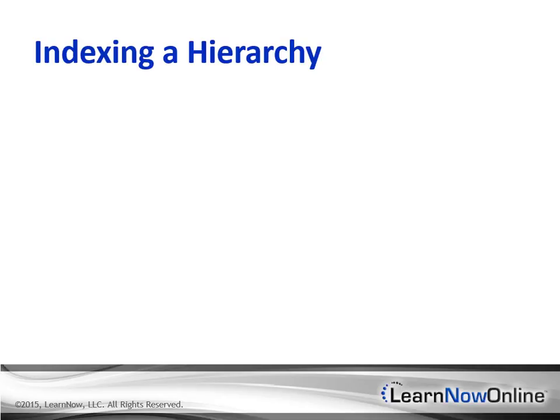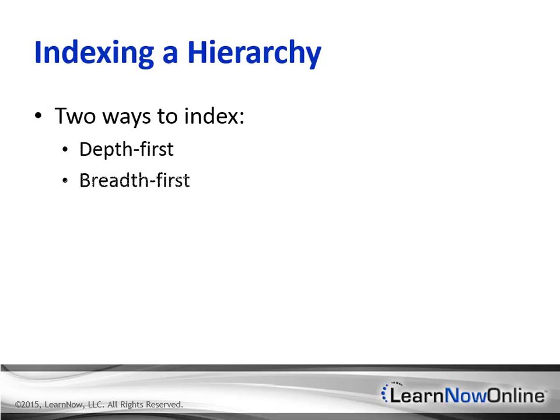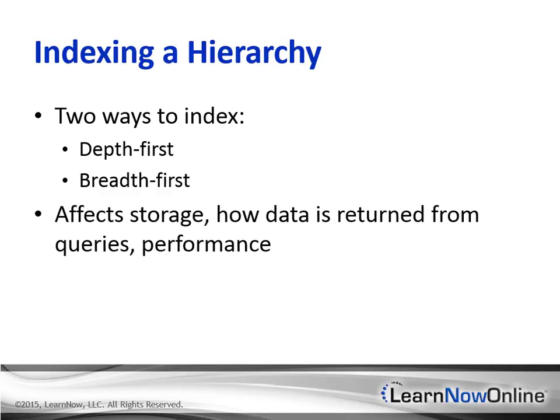All right, and then just real briefly, there are two different ways to index a hierarchy. The first is depth first, and the second is breadth first. Now, which of these methods you use will determine how SQL Server navigates the hierarchy when searching for or listing nodes in the hierarchy, how the data is stored, and the performance of queries that involve the hierarchical data.